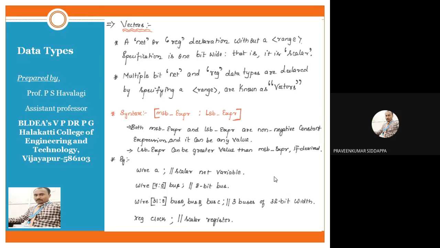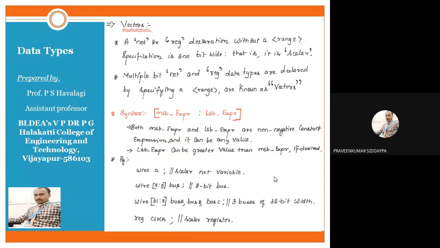Net is a data type and register is also a data type, and they can contain multiple bits. Multiple bits means they have a range, an MSB and an LSB, and that is written using vector initialization. Is it clear, what is scalar and what is vector? We have not used any keywords for initializing vectors. There are no keywords here. The square bracket indicates vector initialization.